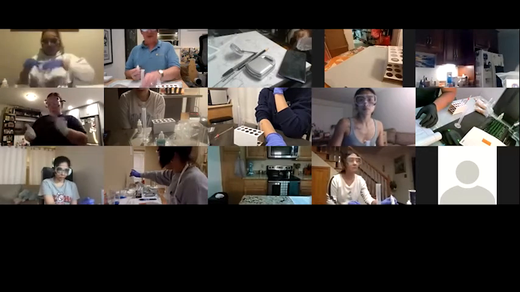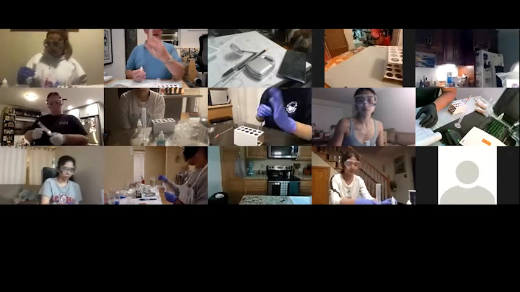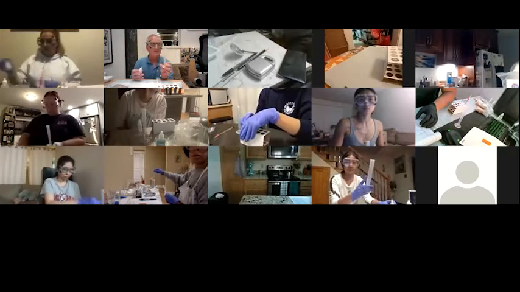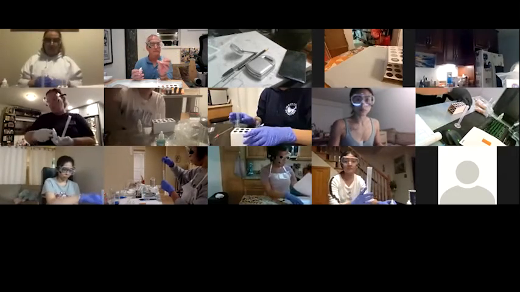And remember, when you're measuring things, you want to hold the cylinder up to eye level so you can actually see what it is you're measuring.